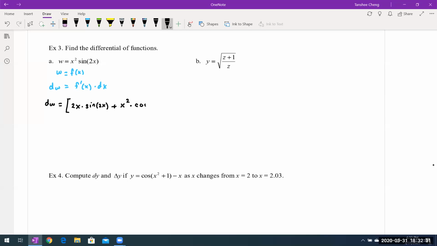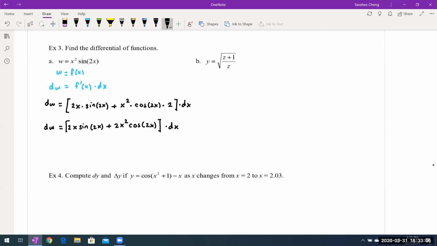The derivative of sine is cosine of 2x times the derivative of the inside, which is the derivative of 2x, which is 2. And then times dx. Simplifying a little bit, dw, the differential of w, is equal to 2x sine 2x plus 2x squared cosine 2x, and then times dx.